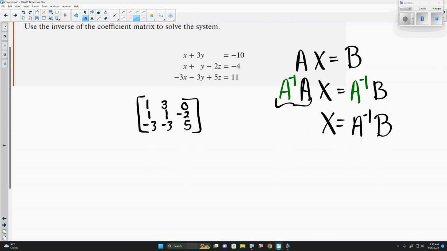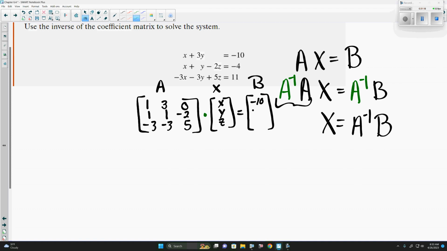Well, with inverses, we just take the numbers in front of x, y, and z. Now what this is being multiplied, because this is our A in the example that we had. Now our X in the example is going to be a column matrix of the variables in order, x, y, z, is equal to. And the B, in our case, is the numbers that it's equal to.